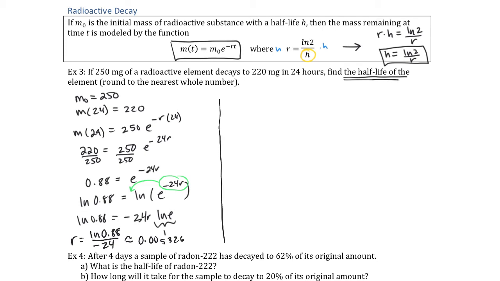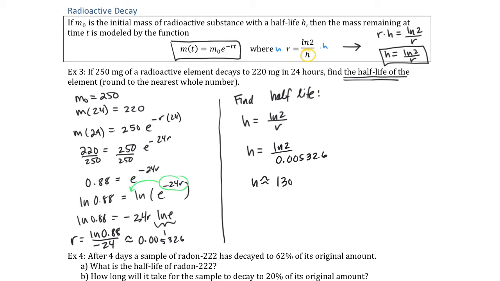Okay, so let's find half-life. I'm going to use the half-life is equal to ln 2 divided by r. So we would get ln of 2 divided by 0.005326. And that is approximately 130 hours.